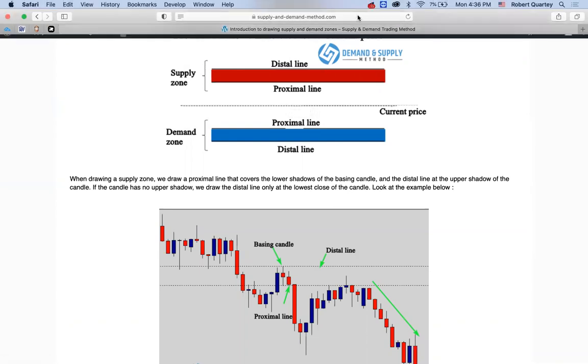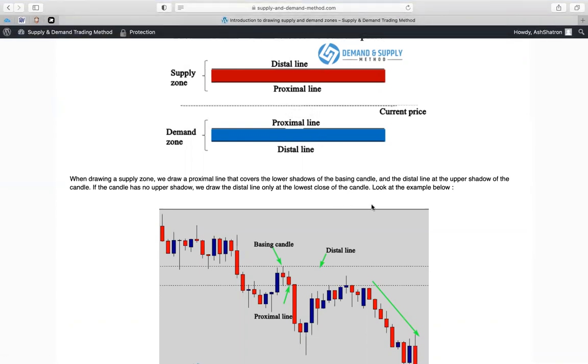So let me use a pencil. Imagine price, you have a brief consolidation at this side and price goes down like this. Your first line is going to be the bearish candlestick.